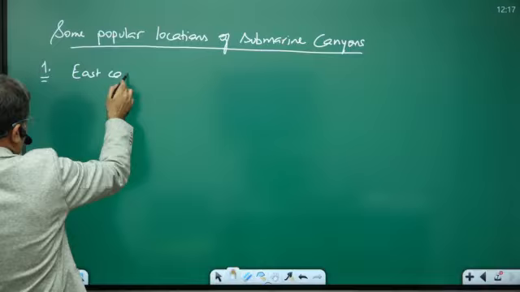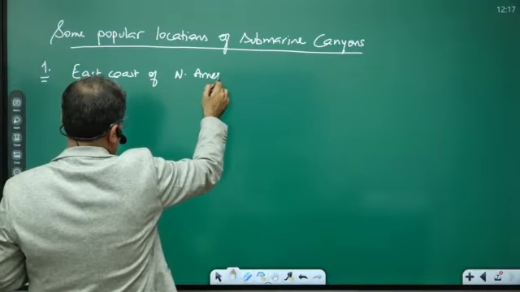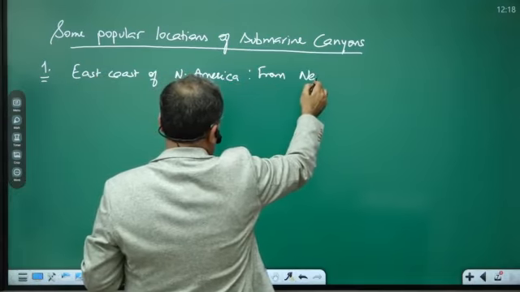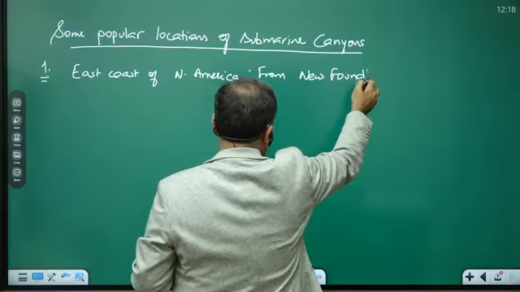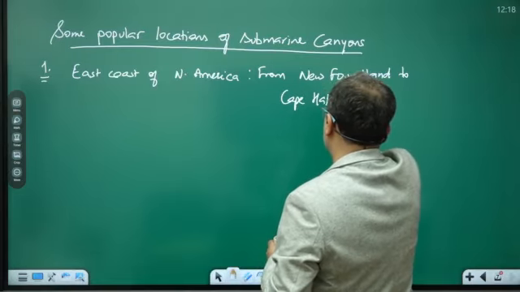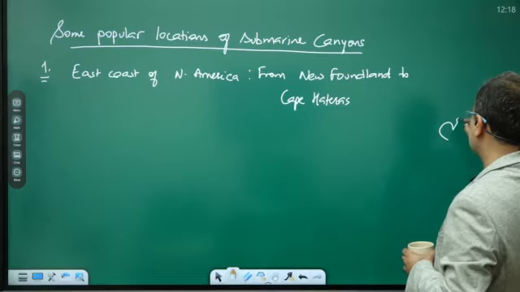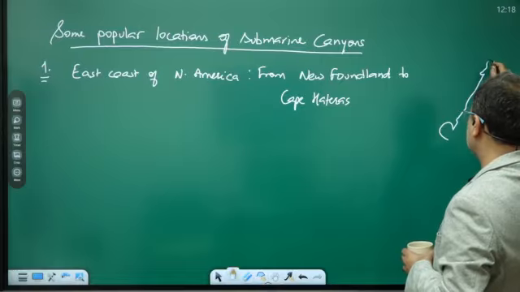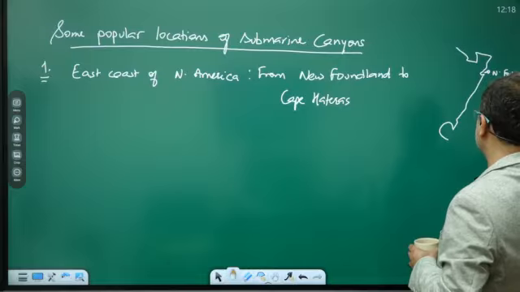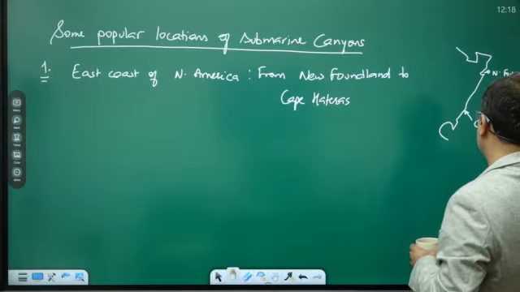In Canada, people also write Newfoundland. People who do not know where Cape Hatteras is: this is Newfoundland, and here we have Cape Hatteras.